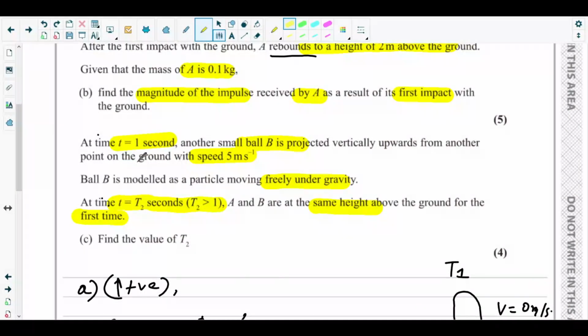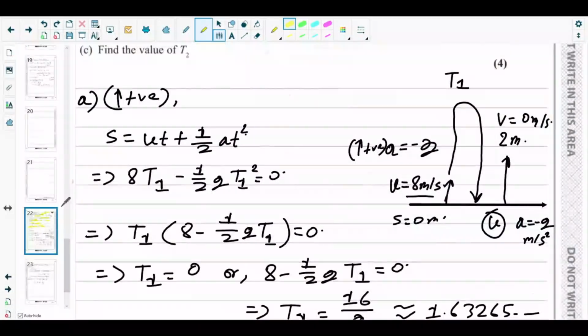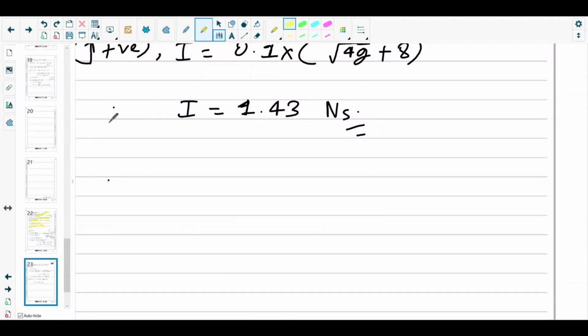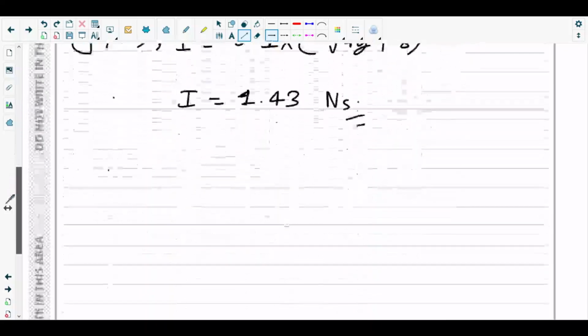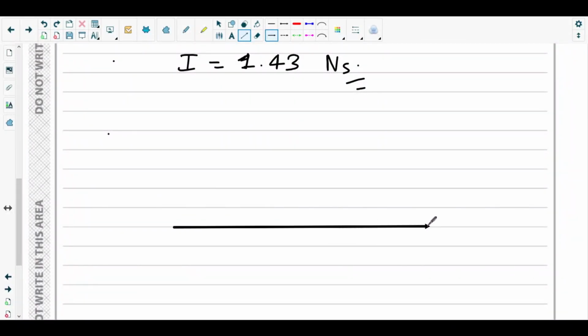So ball A is on one side and ball B is on the other side. Ball A has been projected first. If I show you this on a diagram, that's better to help you understand. So this is the scenario.